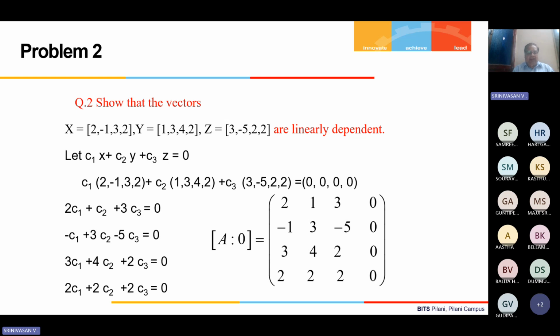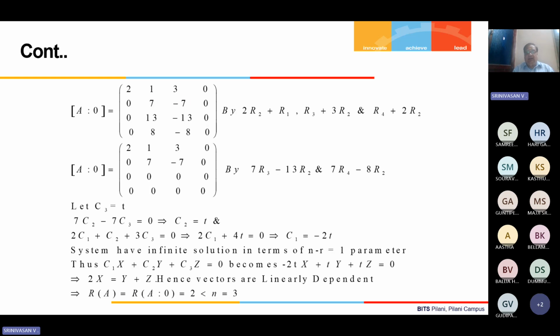Otherwise, you can solve by taking 2 at a time, writing the other constants in terms of t and substituting many values for t. Like t equal to 1, you get one value. If t equal to 2, another value. So suppose C3 equal to t and C2 equal to t and C1 is minus 2t.